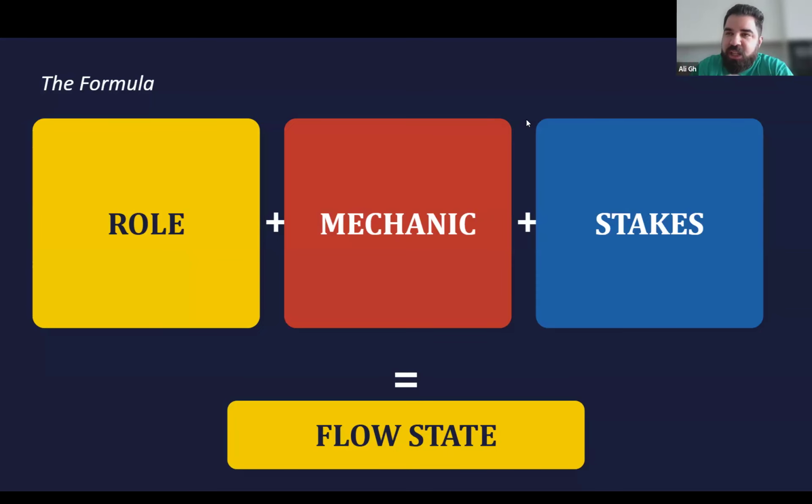In games, it's a state where the game is not too easy, so you don't get bored, and not so difficult that you are entirely out of it. It is just the right amount of difficulty. In education, in English, it's i plus one, but in gamification, we call it flow state. And I'm going to talk about how we can get into that over the course of our talk.